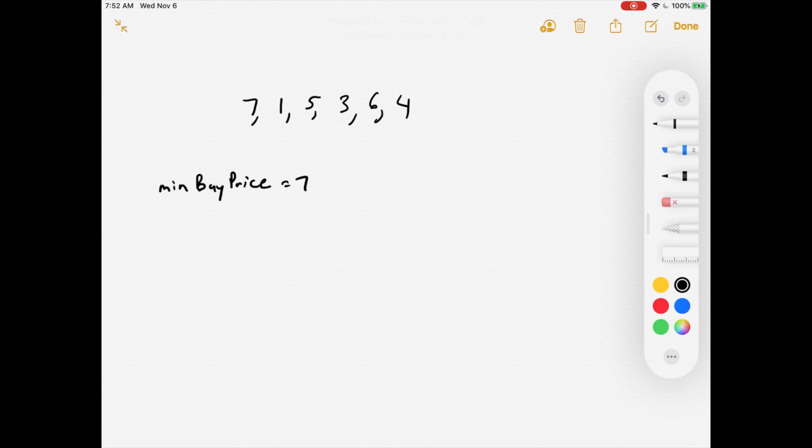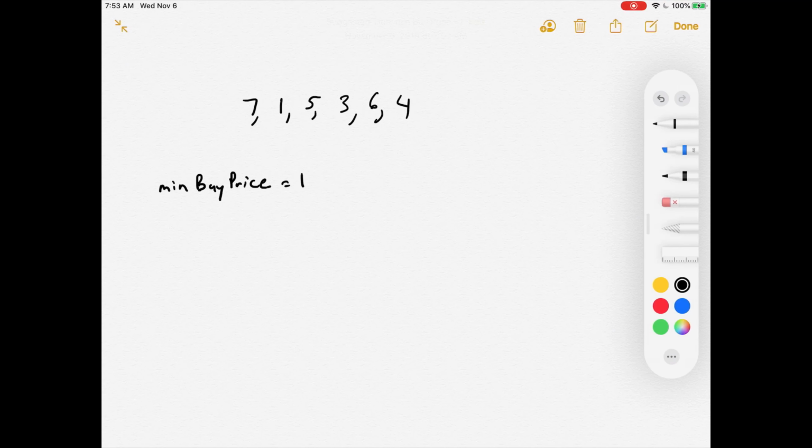We don't yet have a max profit because we've only done one transaction. We need to have at least 2 transactions to sell, so let's keep moving. Now we're on the number 1. Is this lower than the min buy price? Yes, it is. So now instead we'll say, forget the number 7. We'd rather buy it at $1. And since we just bought the stock, there's still nothing to sell.